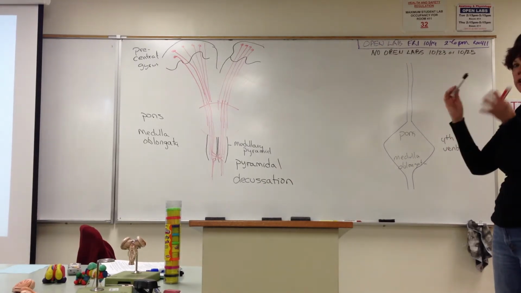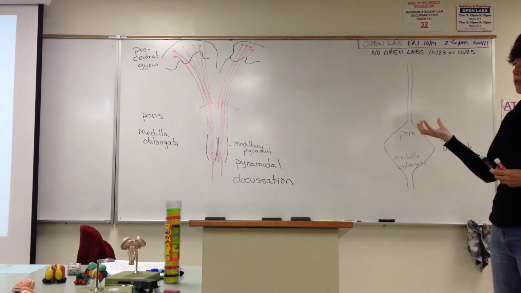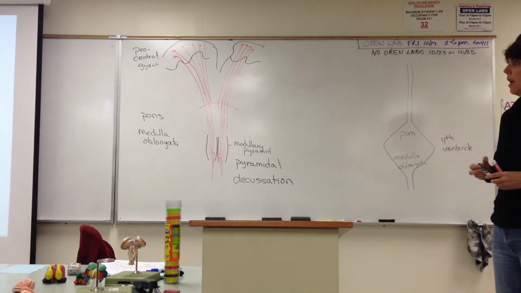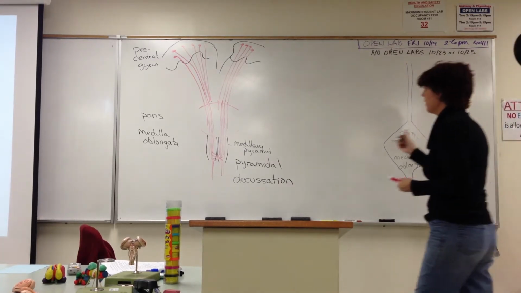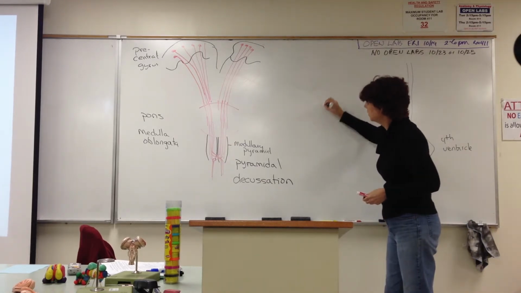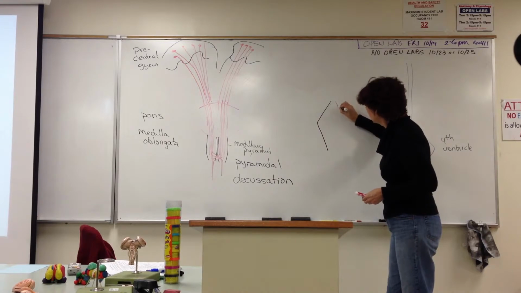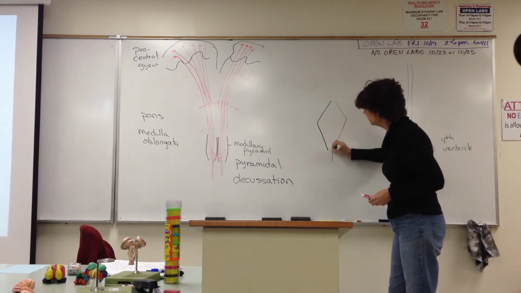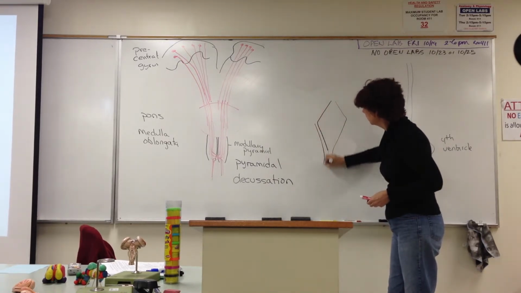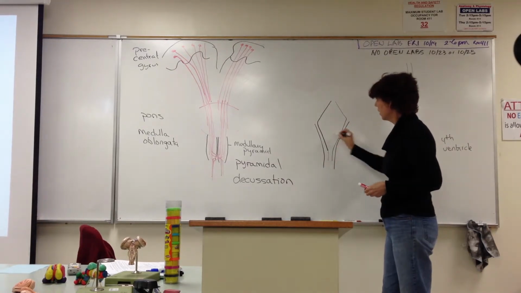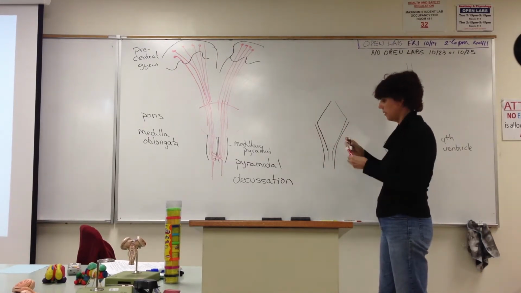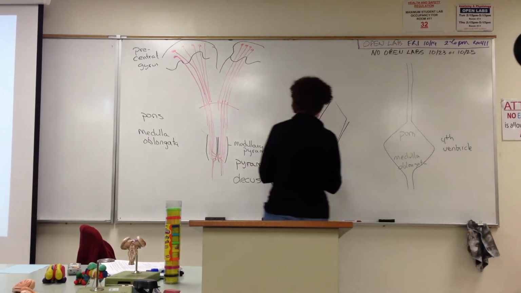So now if we turn and look at the dorsal view, what we're going to see primarily is the fourth ventricle. So this portion of the fourth ventricle is going to belong to the medulla.